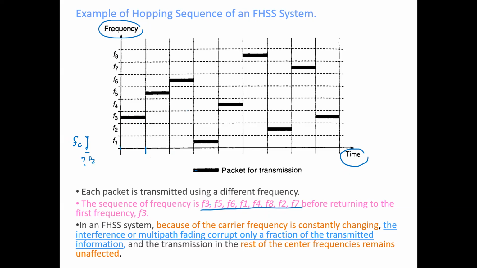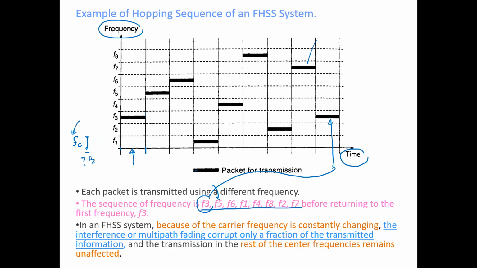For example, for the first packet, you jump to F3, whatever the carrier frequency is. You finish sending one packet, and then the next packet you send with the frequency F5, and for the next packet you jump to F6 and so on, until F7, and then it goes back to F3 again, and then it jumps like this.